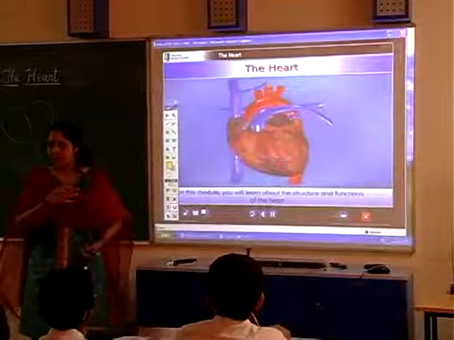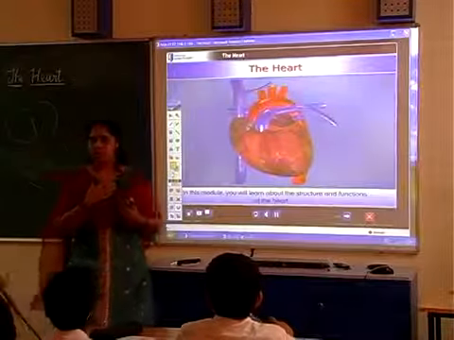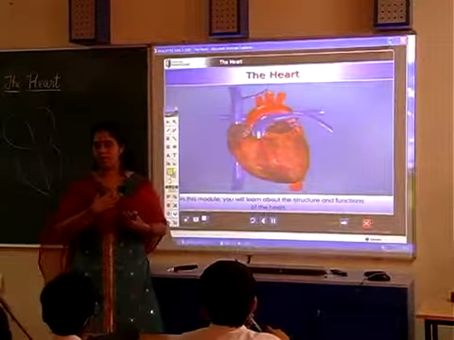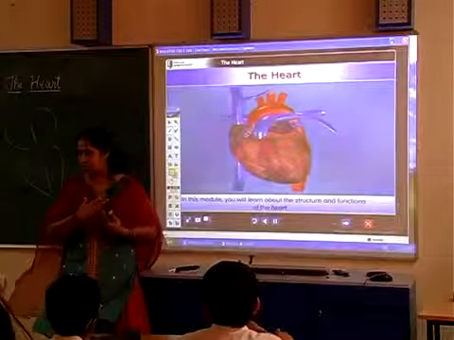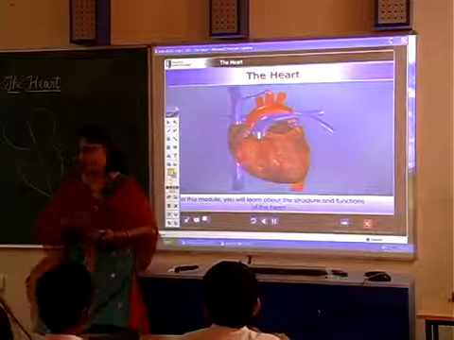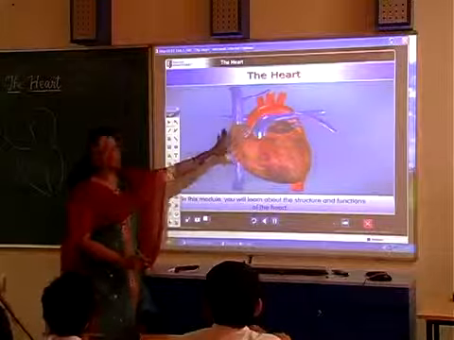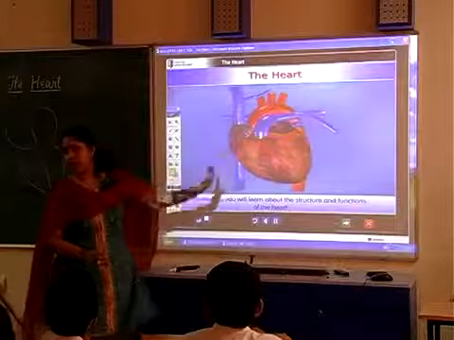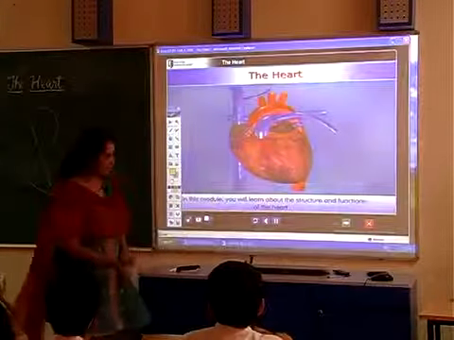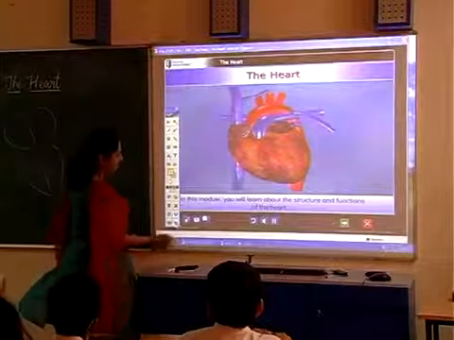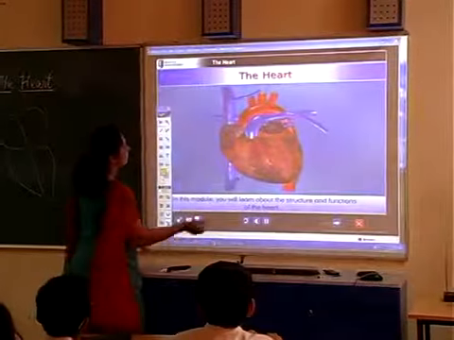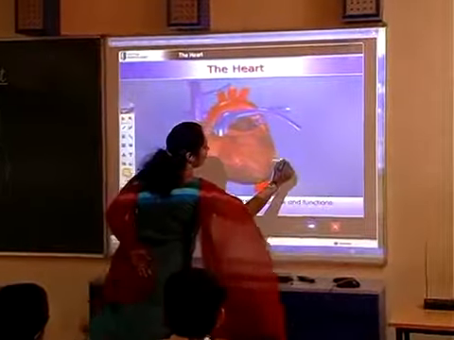So where is the heart situated? It is in the thoracic region, in between the lungs, above the diaphragm. And the heart is covered by a membrane called the pericardium.